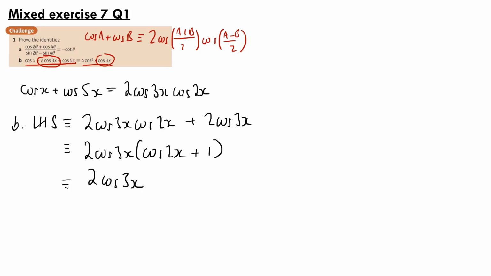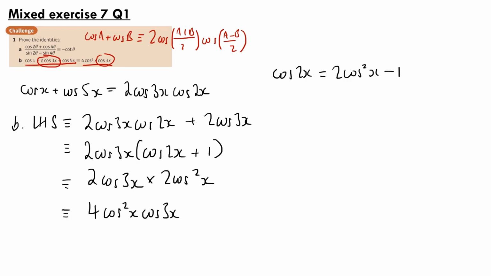So we know that cos of 2x is equal to 2 cos squared x take away 1. So cos of 2x plus 1 is therefore going to be equal to 2 cos squared x. So then rearranging, simplifying a little bit, gives us the answer that we were looking for. So that is equivalent to the right hand side, and again we're happy.